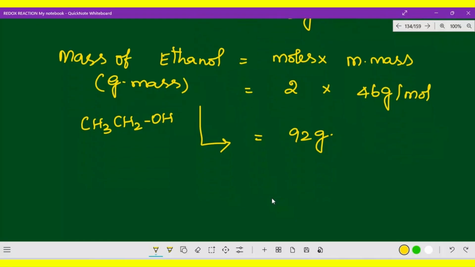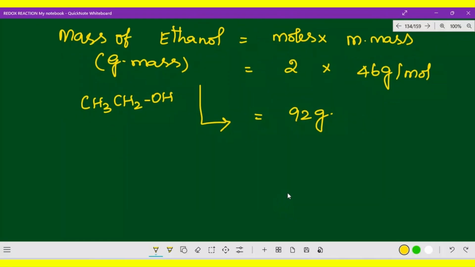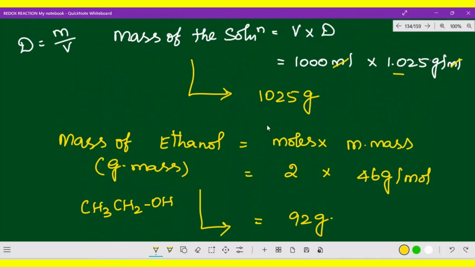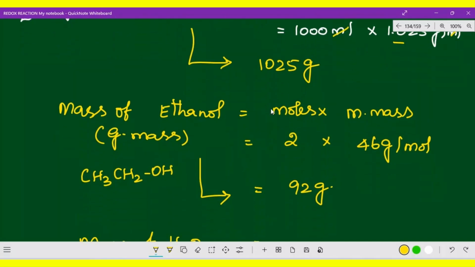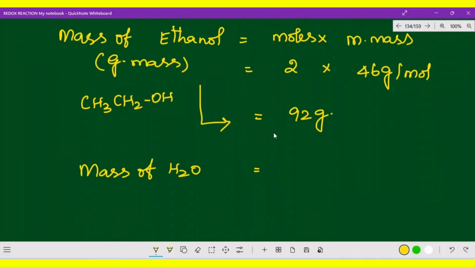And mass of water. Now we have to identify what it is. Why do we have to find out the mass of water? Because molality is number of moles of solute divided by solvent in kg. So here, mass of the solution is 1025, and mass of the ethanol is 92.